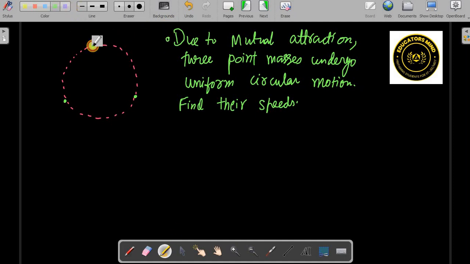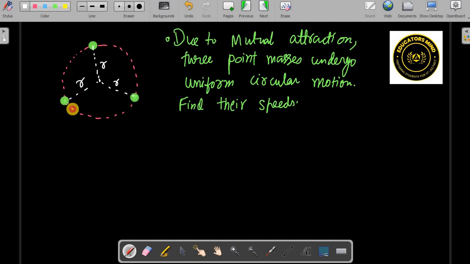So these three particles are going in a circular motion. Let us consider this is the center of the circle, and you may join this. This will be the radius of the circle, and we need to find out the speed.